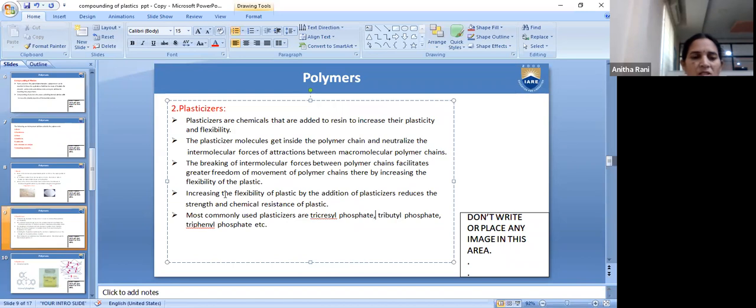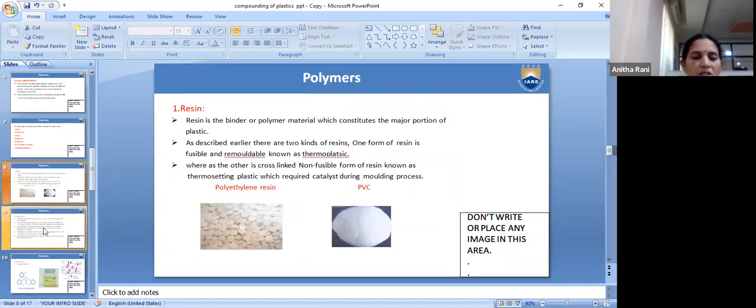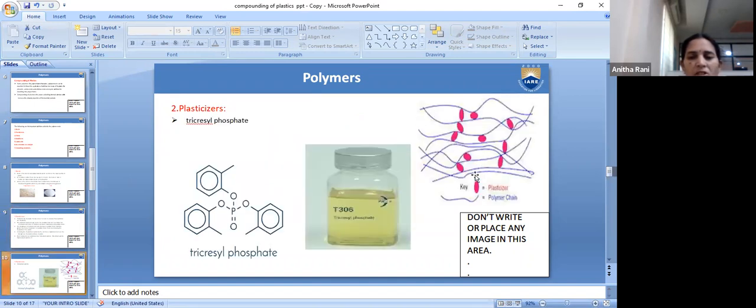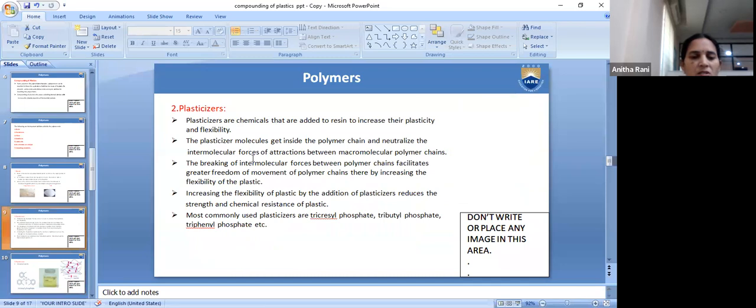When we add plasticizers to the polymer resin, okay, ma? So this is polymer resin, and you can see the polymer chains. When we add plasticizers to the polymer resins, the plasticizer molecules get inside the polymer chain. They will neutralize the intermolecular forces of attraction between molecule to molecule.